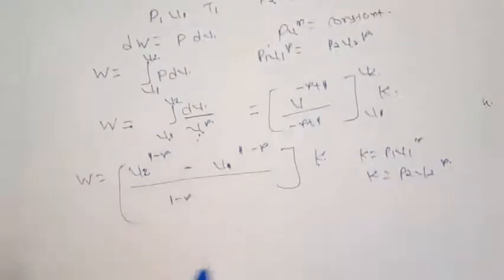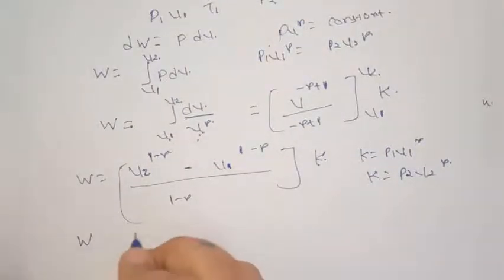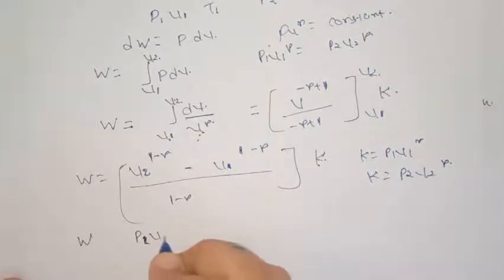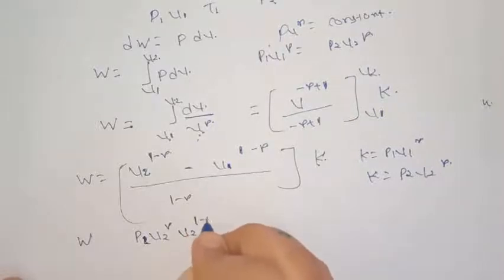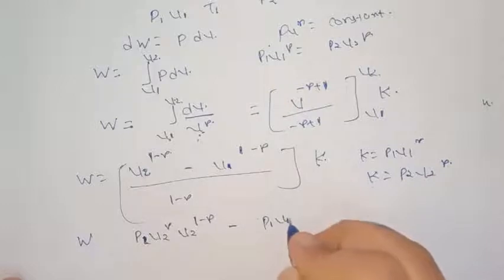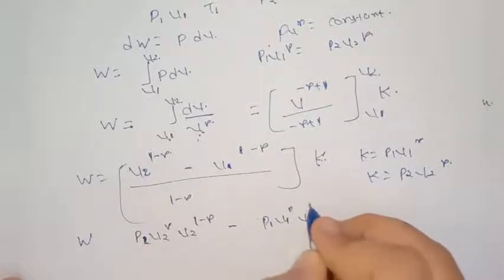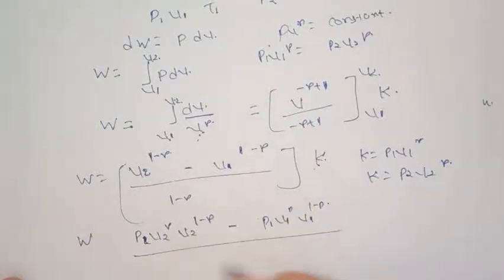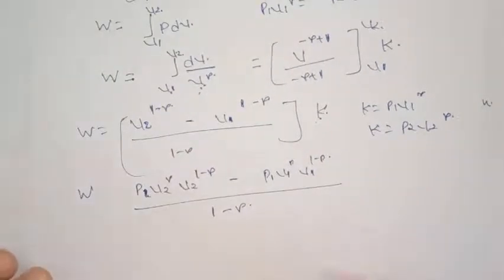So the work done can be written as P2 V2^gamma into V2^(1 minus gamma) minus P1 V1^gamma into V1^(1 minus gamma), divided by 1 minus gamma. The V2^gamma and V2^(minus gamma) will get cancelled out.